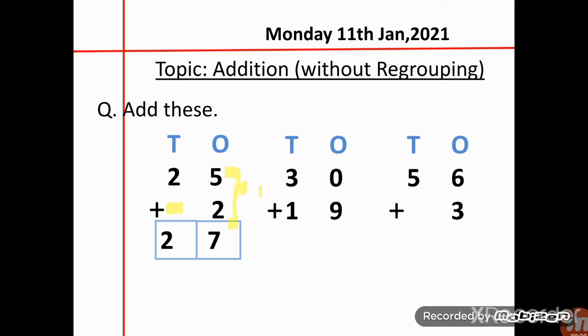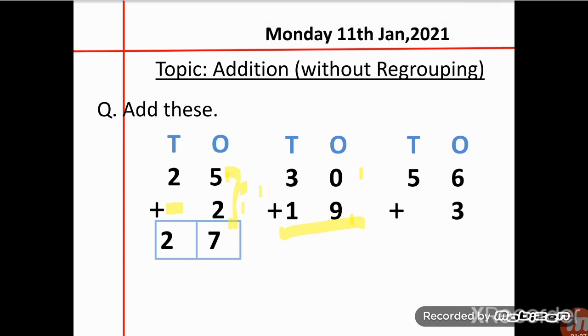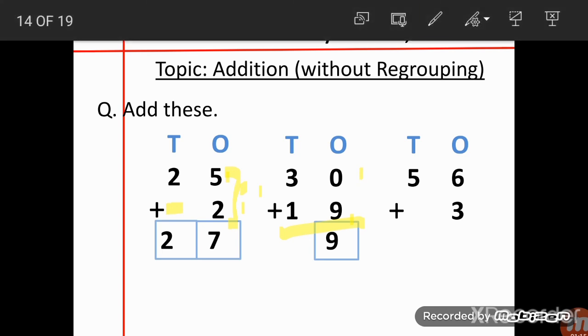Then you have to do more sums. We have total 6 sums. लेकिन यहाँ पर second sum एक example देख लेते हैं. 2 digit with 2 digit. ये 2 digit with 1 digit था and this is 2 digit with 2 digit. 0 and 9. 0 and 9 make very good because I have already told you when you add or subtract any number with 0, number remains the same. तो 9 will remain the same. 9 plus 0 is 9 and you will have to add then tens. फिर हम left side पे आएंगे, that is tens side.